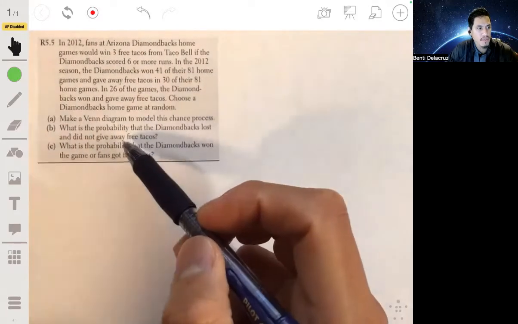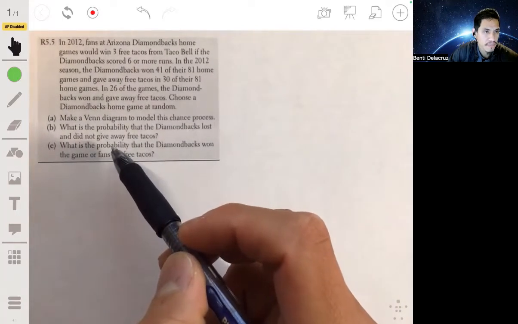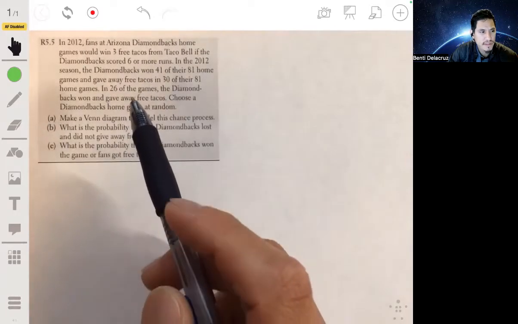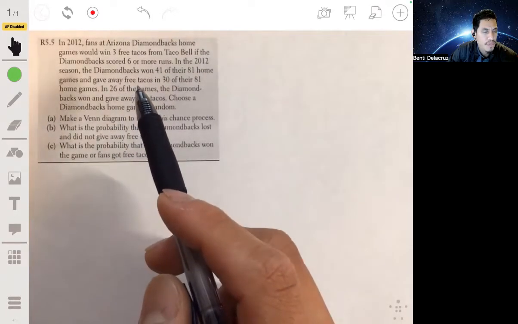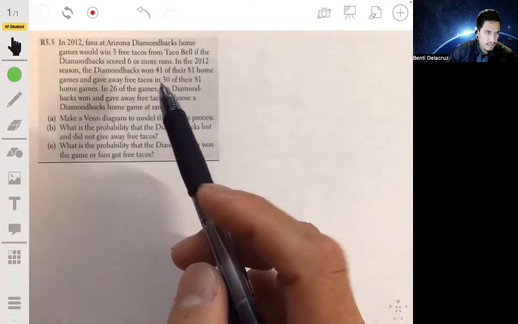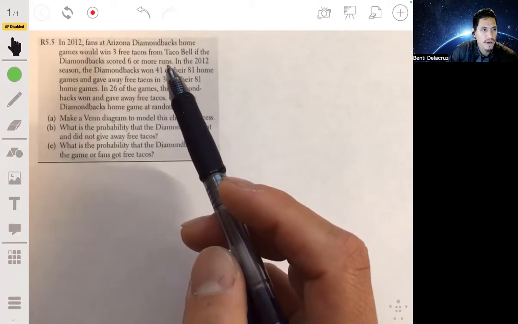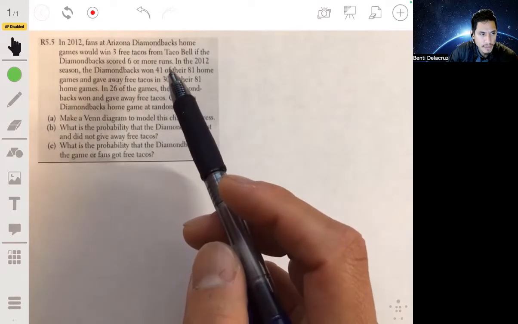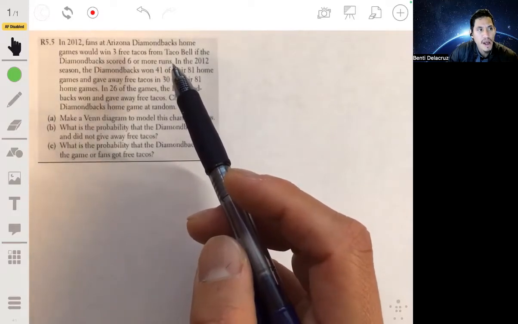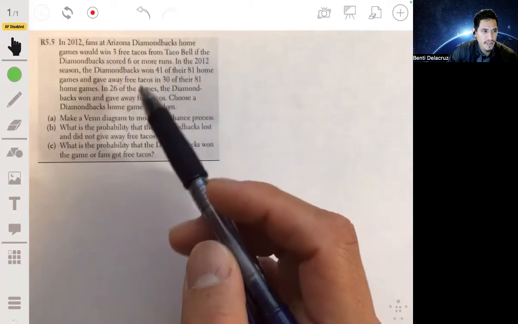Okay, so the good thing about this problem is that by doing part A, you can easily answer parts B and C. The bad part is that usually students tend to have some difficulty with making Venn diagrams, at least in my experience. So what I'm actually going to do is go about this problem by first making a two-way table, and then from there I'm going to show you how to transform that two-way table into a Venn diagram.